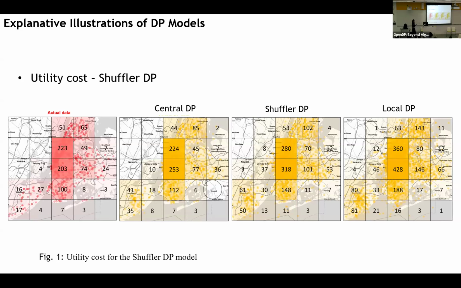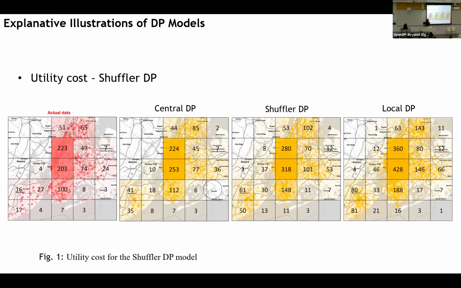Because of the use of location data, we leverage a map. As you can see, we use a heat map to show the trajectory of a bunch of users in a specific location. I think it's not hard to tell this is a map of New York City. This red dot we call actual data, which means this is the data without any perturbation. Then we deployed 3 different techniques and show some change in the pattern of the dots.